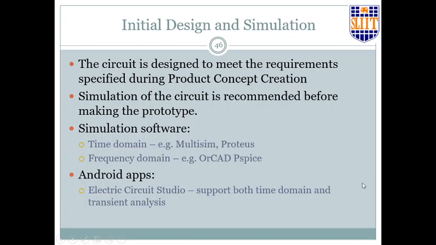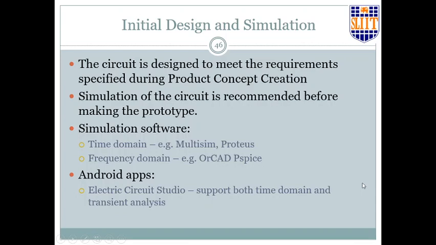For simulation, you have different types of software: time domain software and frequency domain software. Time domain software, once you assemble it and turn the switch on in the simulator, you can see, if it is a light circuit, the lights going on and off. Two examples are Multisim and Proteus.